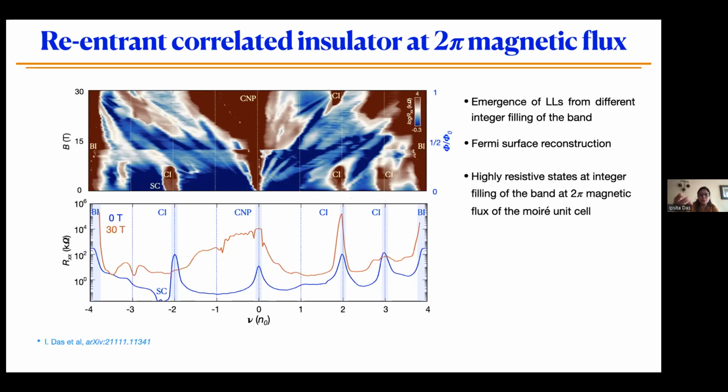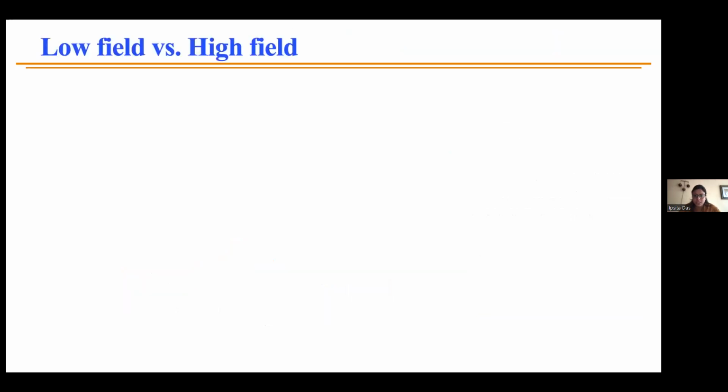And as you keep on increasing the magnetic field, around 30 Tesla, you again get them back, which means that there is another flat band close to 30 Tesla, which gives you the strongly correlated electronic states again, right? So as a result, we have different correlated states at 30 Tesla at filling factor +2 and +3.